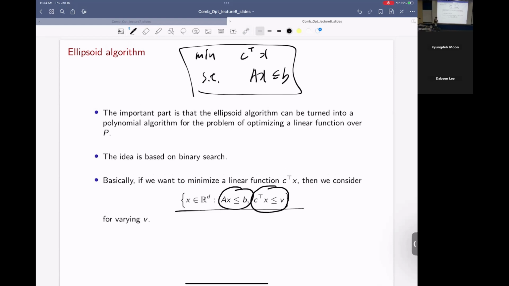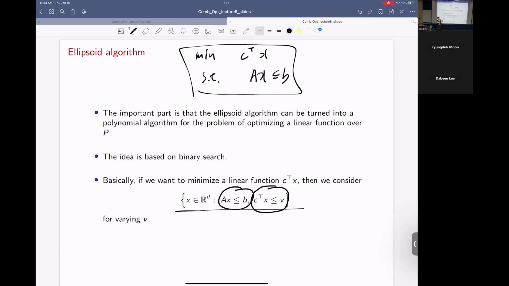Then you run your ellipsoid algorithm to detect whether there's a solution contained in here. If so, good, that is a feasible solution to this linear program whose value is at most V. And then I lower this level V and run the ellipsoid algorithm one more time and try to find a feasible solution.